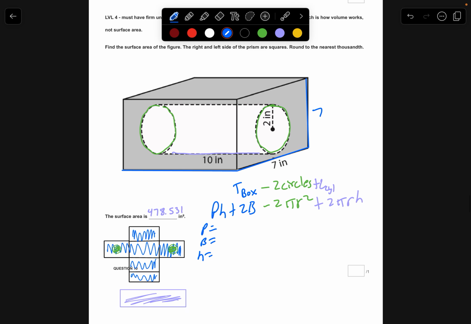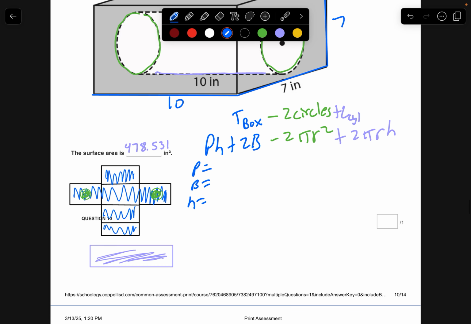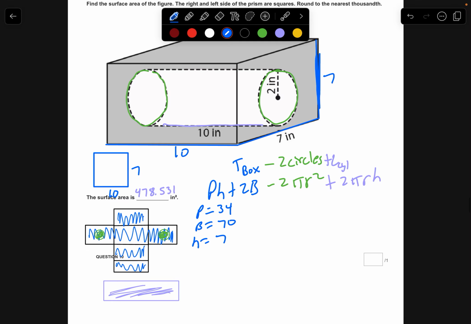So if the height of the cylinder is 10, then this is going to be 10. So the perimeter, right? I'm working on the bottom here. So we have 10 and 7. So that would be 17 times 2. The perimeter is 34. And the area is 70. And then how tall is it from the bottom to the top? It is 7. Over here, the radius they give you is 2. And the height that we need is 10.